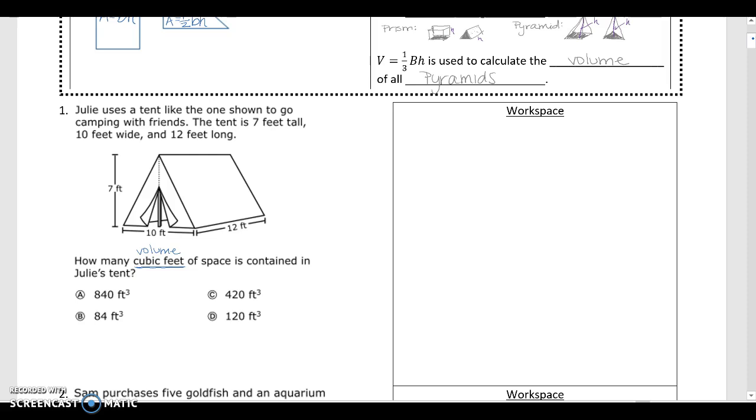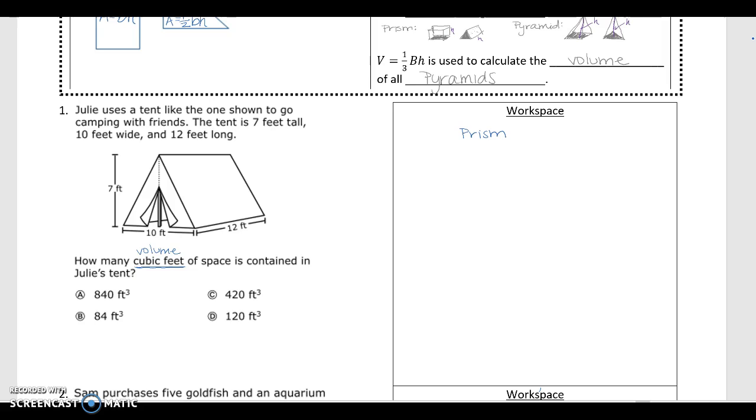So first of all, we want to ask ourselves, is this a prism or a pyramid? So since all the sides don't come up to one point, it's going to be a prism. Now for a prism, what shape is the base? So it's sitting on a rectangle. Is that my base?